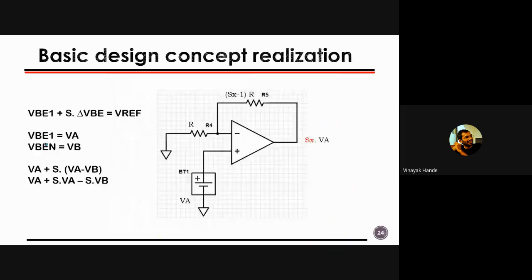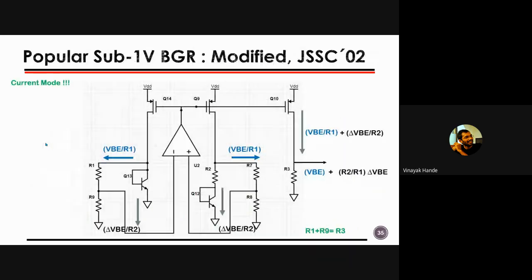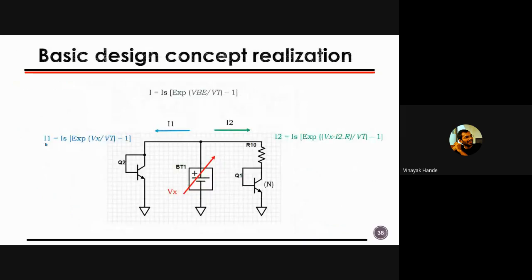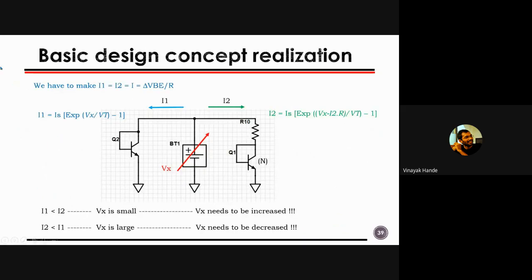So coming back to the slide. Yeah. Then when we wanted a PTAT kind of behavior, that is delta VB by R, then the current flowing through, this I1 is equal to I2 should be exactly matched with each other, and we can say it is I. This is just the reverse way we are conceptualizing a similar thing.